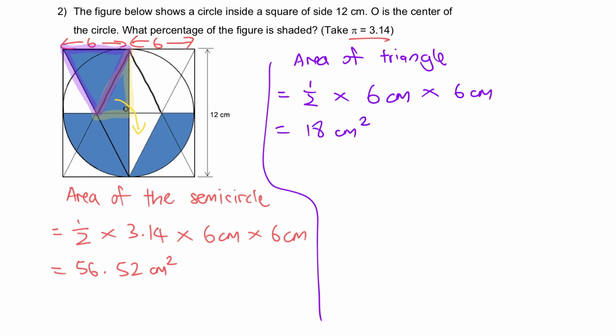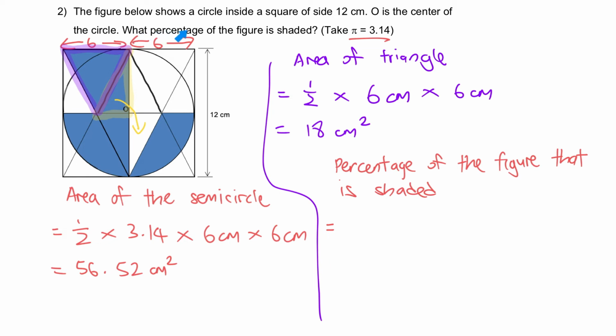Moving on to the answer, percentage of the figure that is shaded. To find the percentage of the figure that is shaded, for some of y'all, if you have forgotten how to do it, maybe you can think about another way.